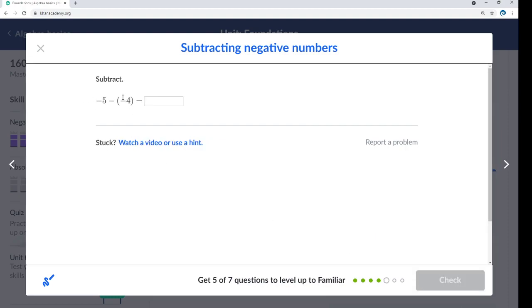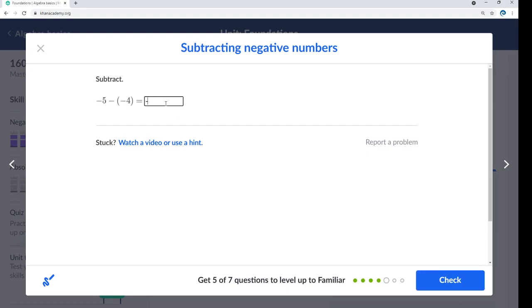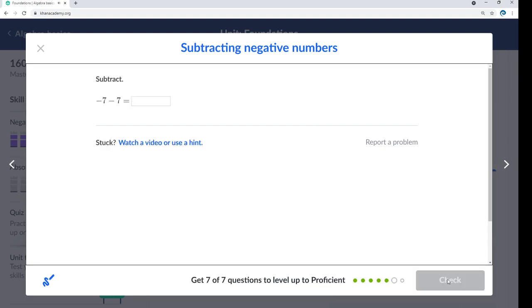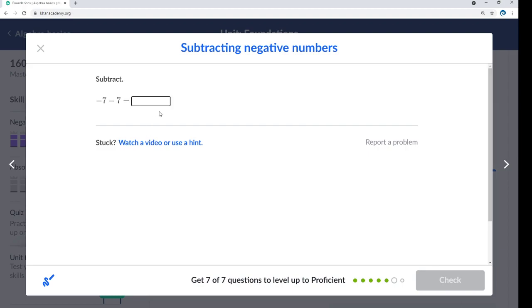But when it starts getting into equations and stuff, that's fun. I don't know why that comes across a lot easier for me. Okay, so -5 plus 4, basically. So that's -1. Could do that. Hey, I'm familiar. -7.